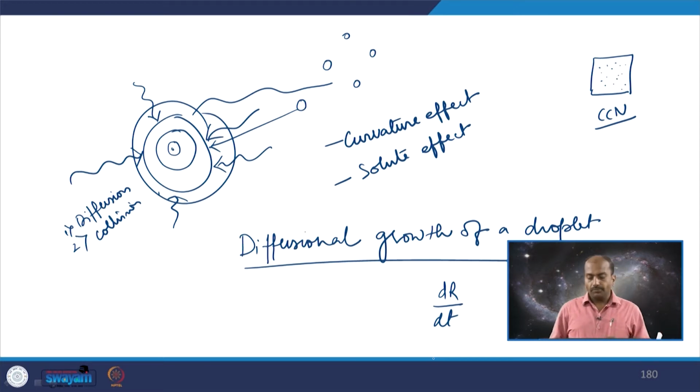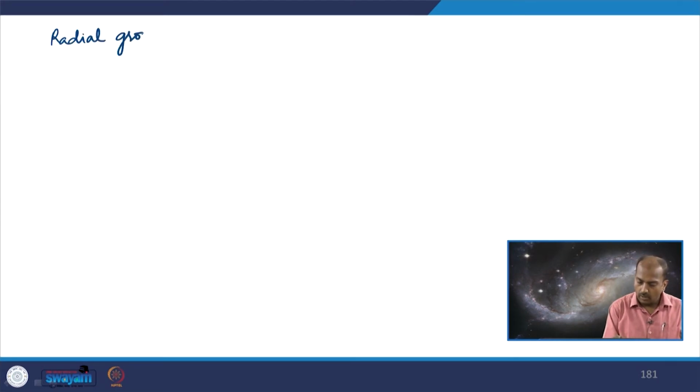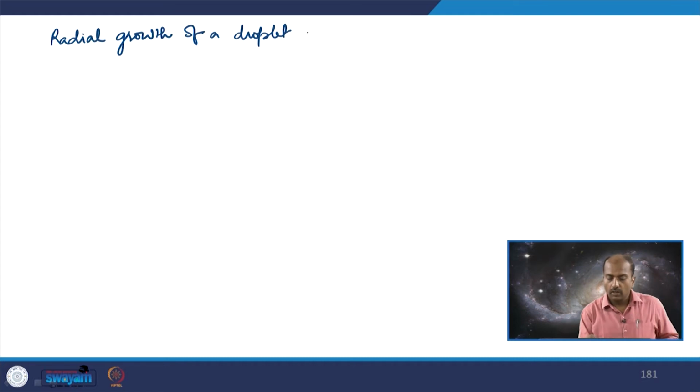So, for this discussion we will start from the standard Clausius-Clapeyron equation, from which we will try to understand the radial growth of a droplet. So, the topic is the radial growth of a droplet by diffusion.